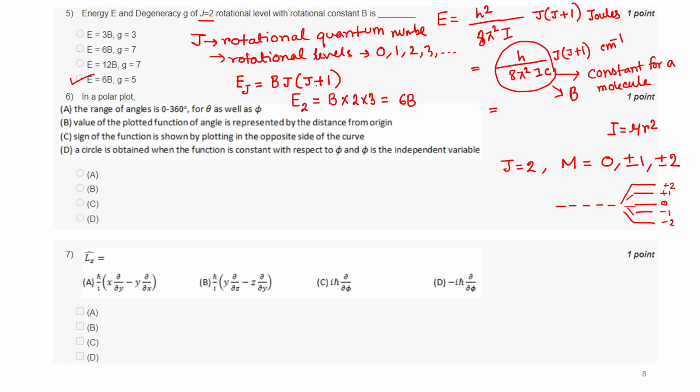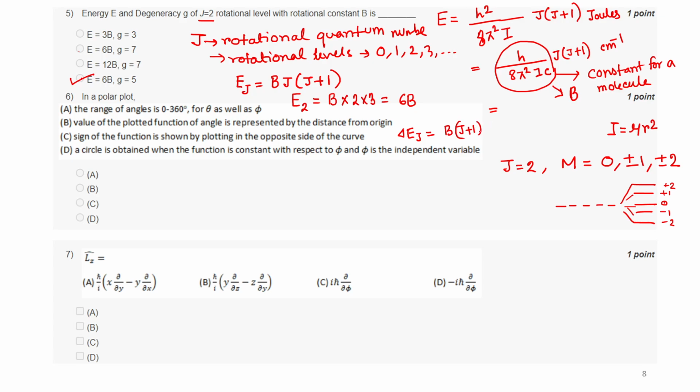Anyway, what we understand from here is that first of all the energy of a rotational state is going to be B into J into J plus 1. And what is going to be the energy difference, delta E_J?